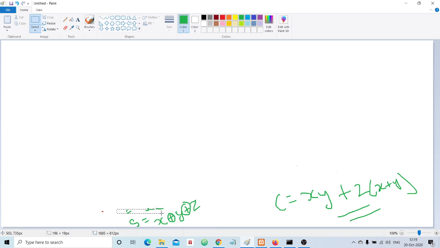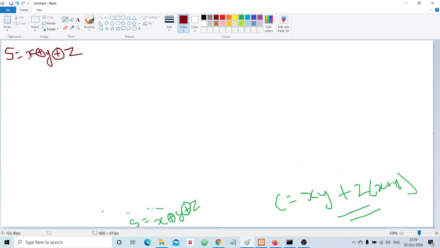So finally, we now have a simplified Boolean expression for sum and carry. Sum is given by x exclusive OR y exclusive OR z, correct?